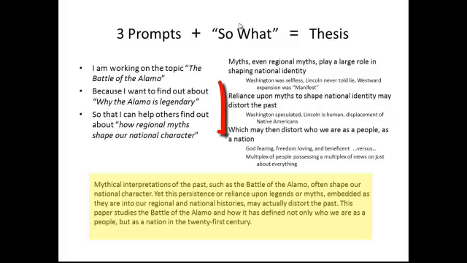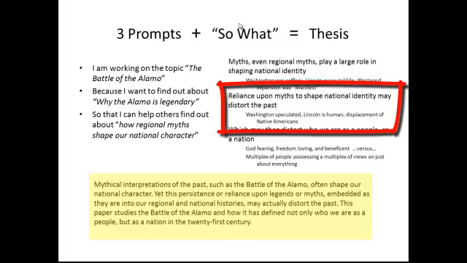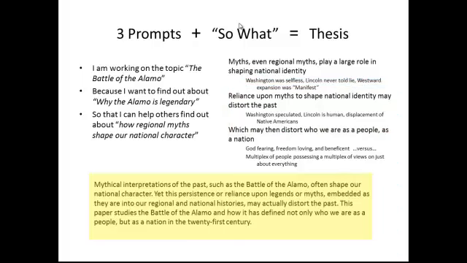If you look over at the so what column, that's the second so what, the 3-2. I often like the 3-2, but choose one from the prompt. That's your first sentence. Choose one from the so what column for your second sentence, and that'll get you pretty close to summing it all up in the 3rd and 4th sentence, which reads, "This paper studies the Battle of the Alamo and how it has defined not only who we are as a people, but as a nation in the 21st century."